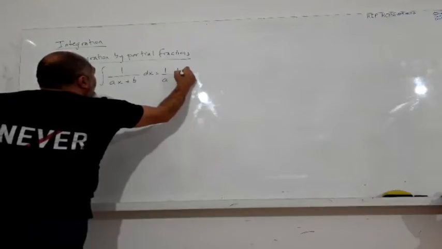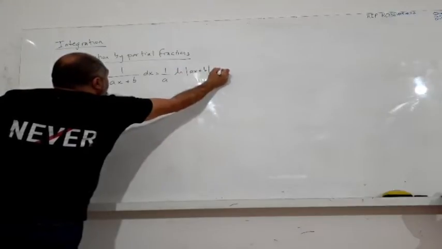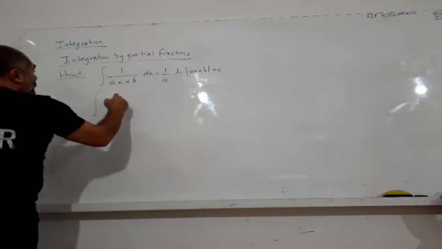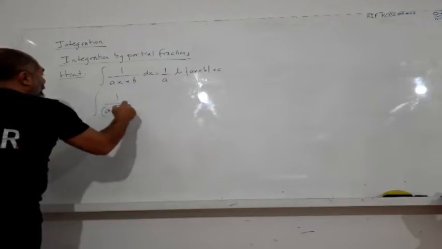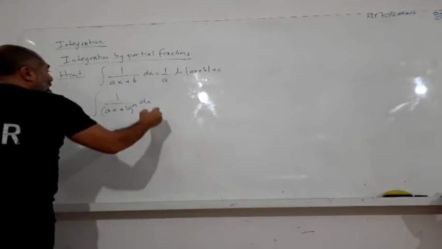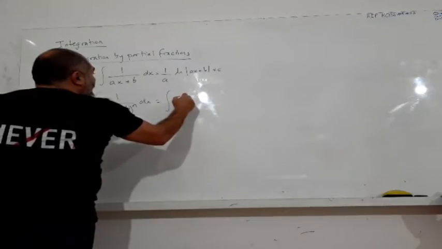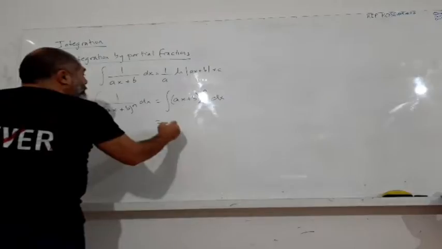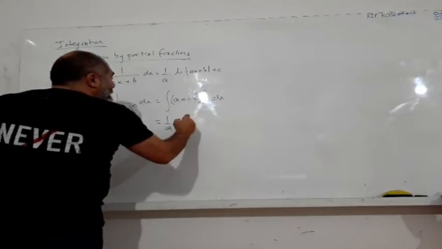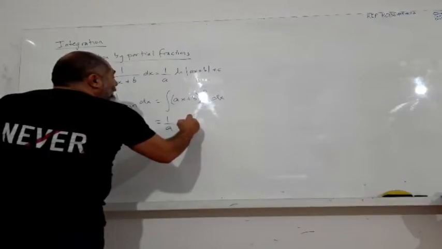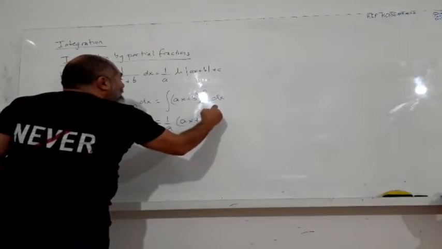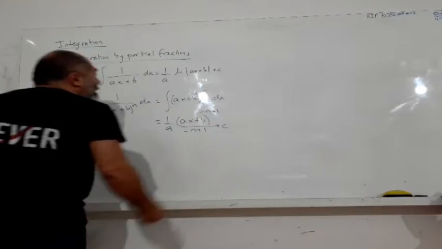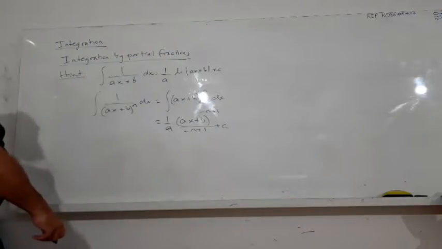And the second rule is the integral of 1 over (ax plus b) to the power of n dx, which can be written as (ax plus b) to the power of minus n dx, which is equal to 1 over a times (ax plus b) to the power of minus n plus 1, divided by minus n plus 1, plus c. These are the rules that we are going to use today for integration by partial fractions.